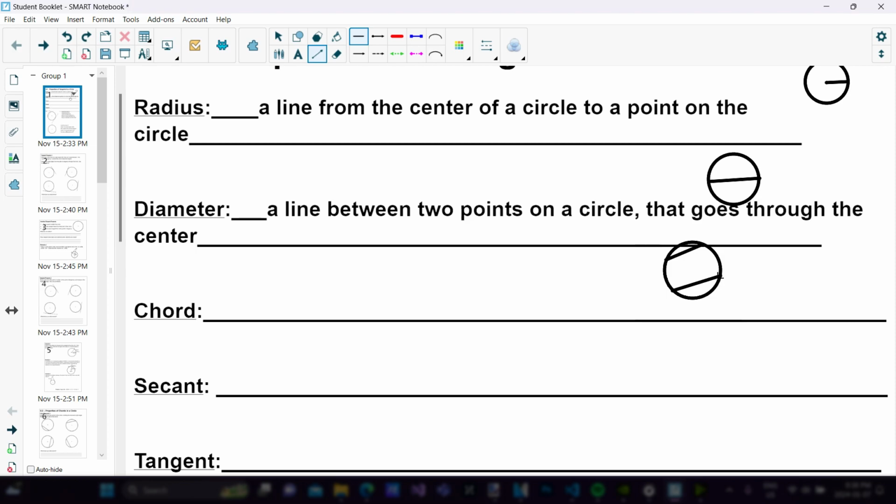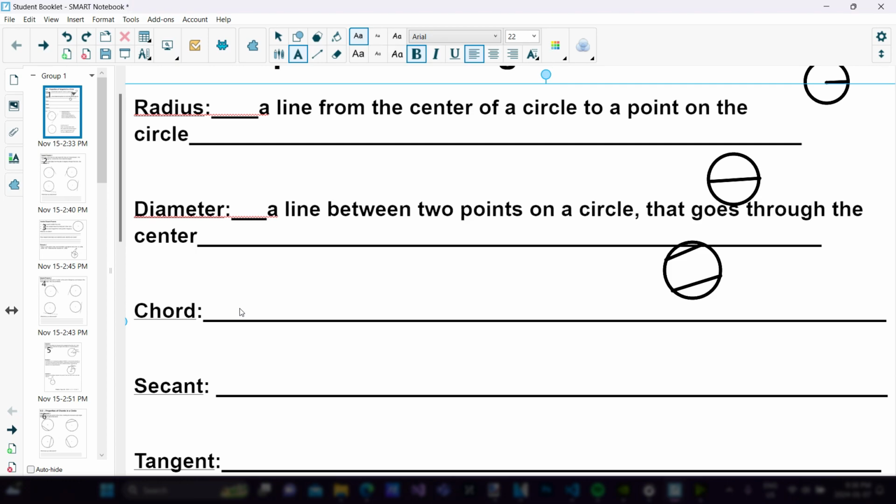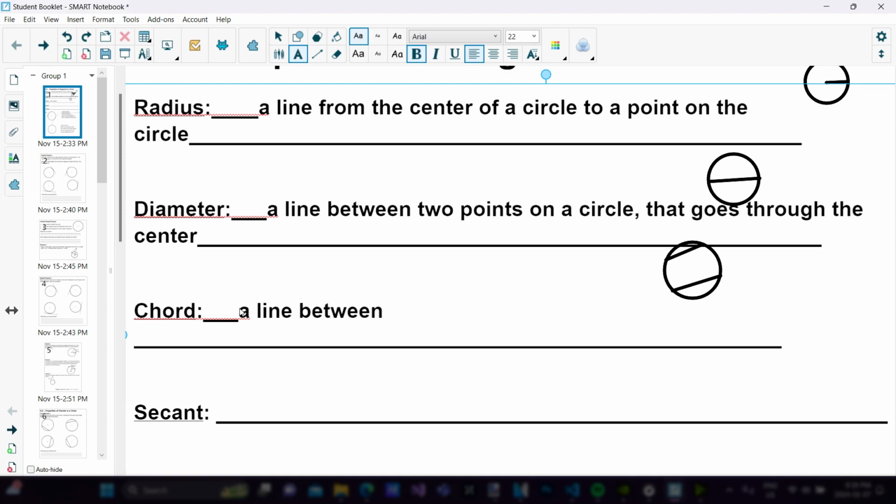This would be another chord because it goes from this point to that point. It doesn't have to go through the center of the circle. So we can just say it is a line between 2 points on a circle.